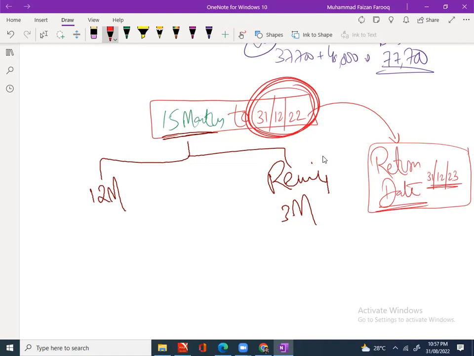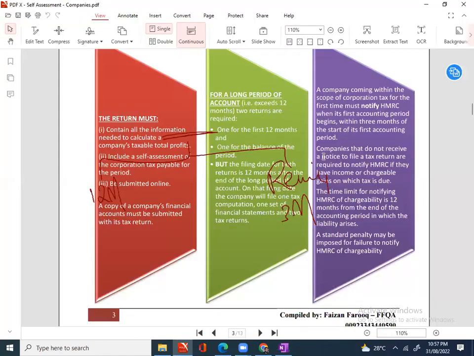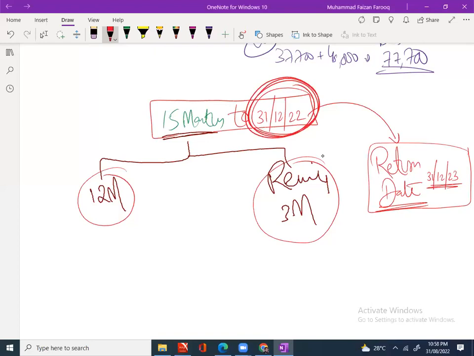So we won't take the reporting day for 12 months. No, we will not do it like that, that the 12 months return date will be separate and the remaining 3 months return date separate. No, there will be only one return submission date. That is, the filing date for both periods will remain the same, which will be 12 months after the end of the long accounting period.